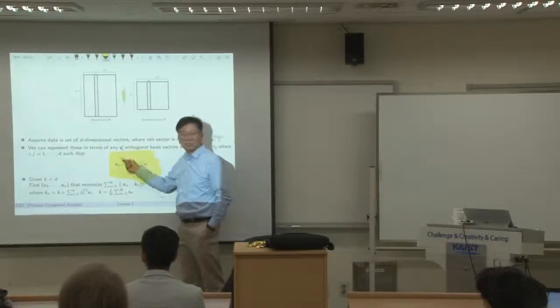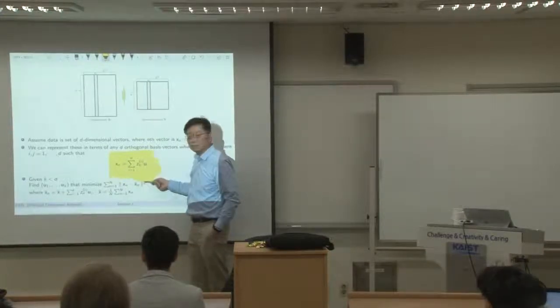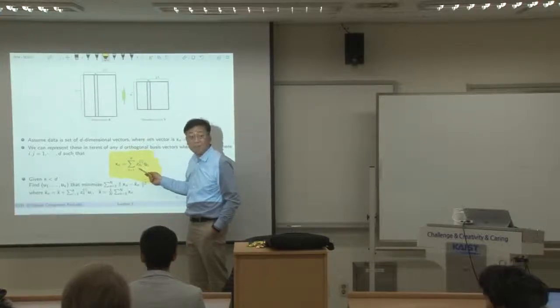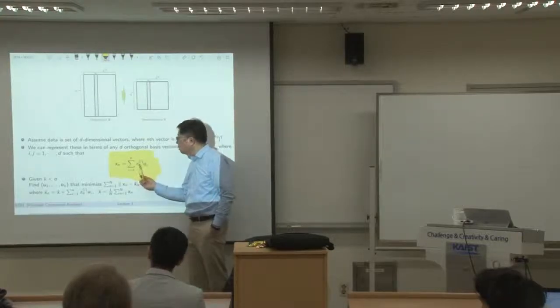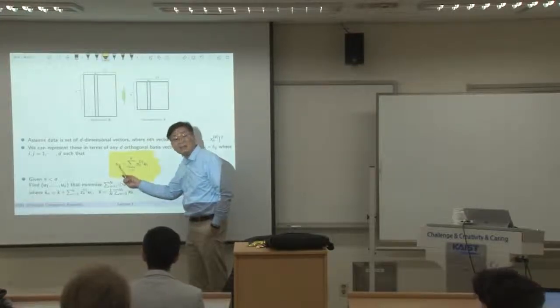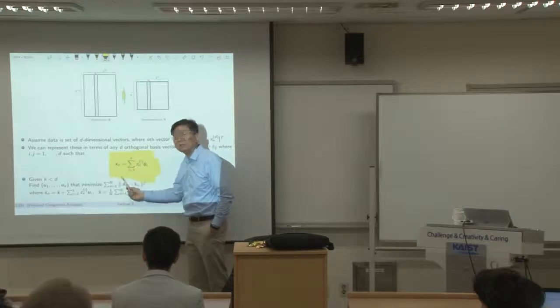What's the dimension of this? D dimension. What about the dimension of that? It's 1, it's a scalar value. What does this mean? It means this is the nth data, d dimension.